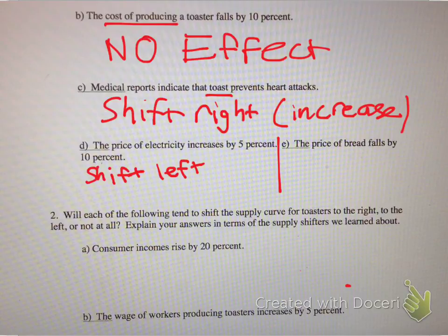Next, the price of bread falls. Well, this would also be a shift to the left because of complements. I'm just writing bullet point answers. You would probably have to write more if you were to explain this, but I'm just summarizing here.